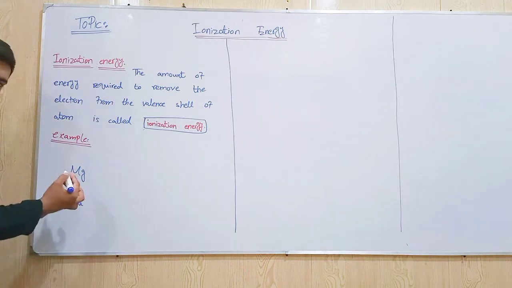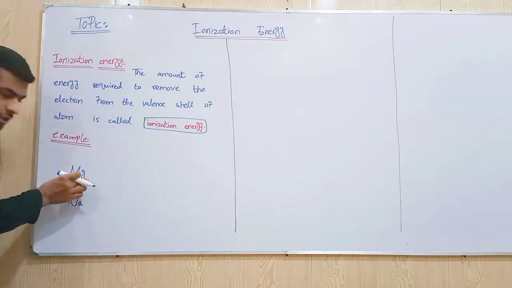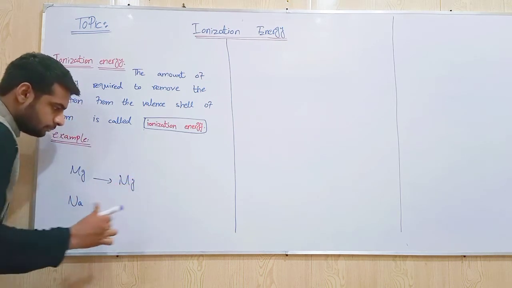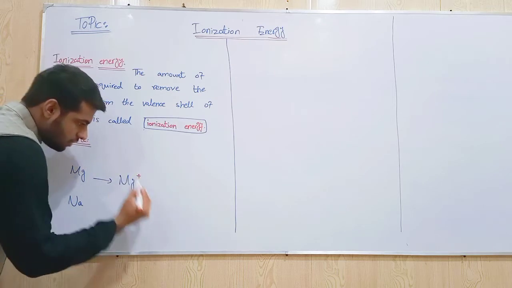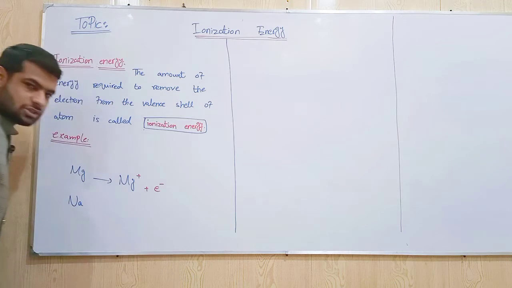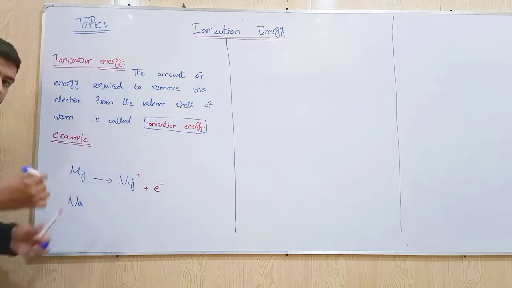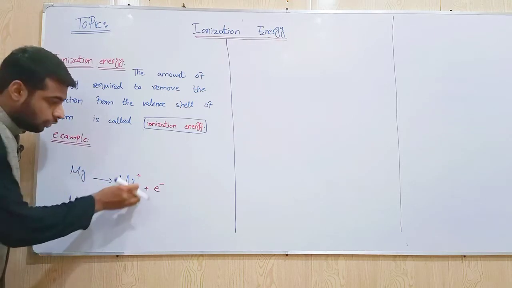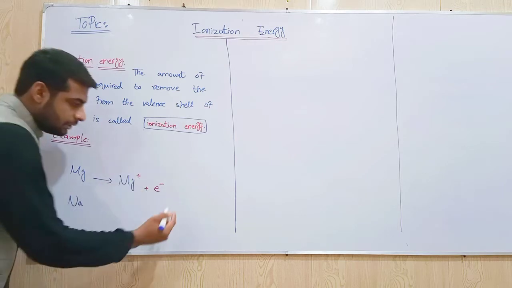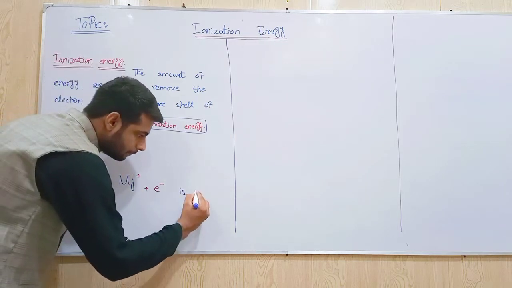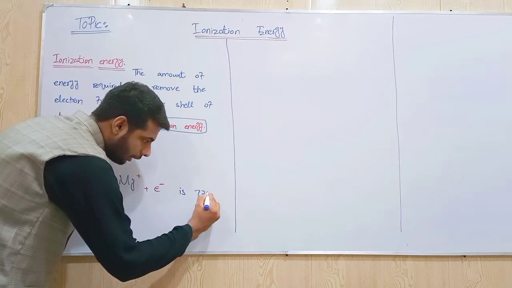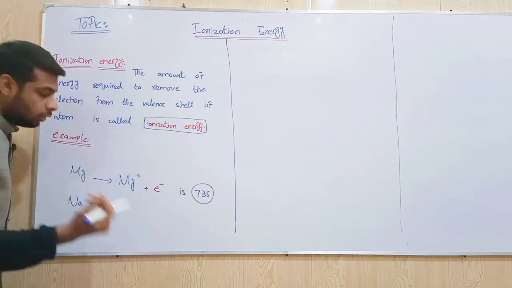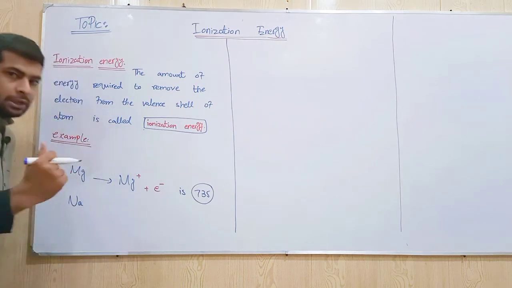If we remove the electron from the valence shell of magnesium, we get Mg positive plus 1 electron, and the amount of energy required to remove the electron from the valence shell of magnesium is 735. This energy is required to remove 1 electron from the valence shell of a magnesium atom.